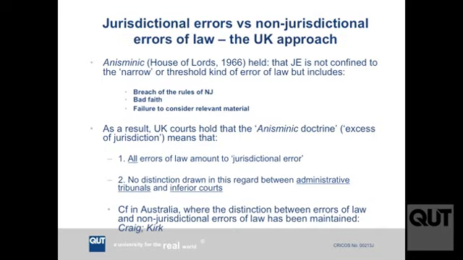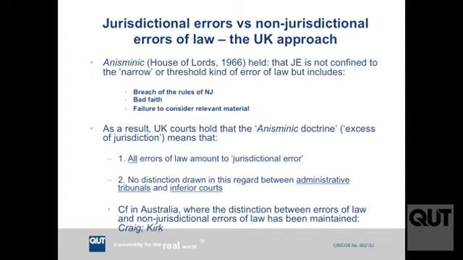In the United Kingdom, for example, they have the Anisminic doctrine, which means that all errors of law amount to jurisdictional error. This means that all the grounds of review, such as a breach of the rules of natural justice, bad faith, a failure to consider a relevant consideration, are all reviewable for jurisdictional error.